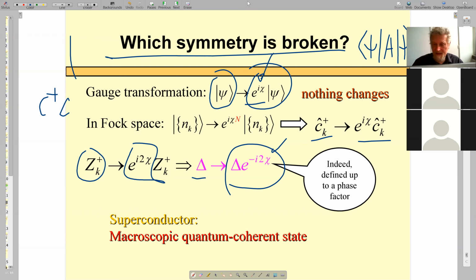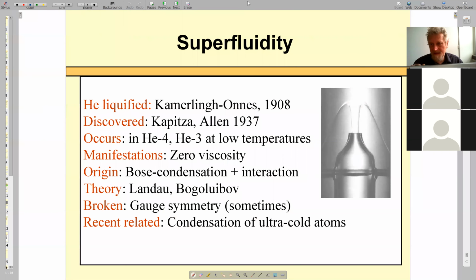And let me go on with another super phenomenon, which could have been discovered by Kamerlingh Onnes, but for some reason it didn't work out. It was discovered about 20 years after Kamerlingh Onnes made liquid helium, in the middle of the 20th century.